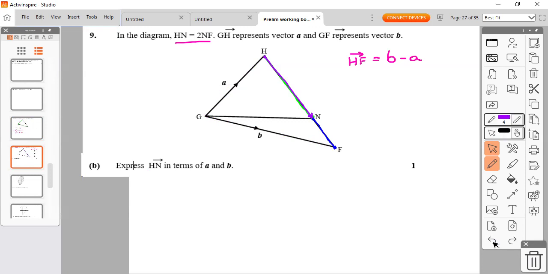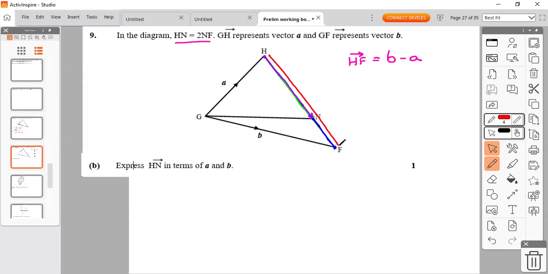How to best explain this? Okay, so H to N is 2NF. Now we know HF is B minus A, so we know that full distance is B minus A, that red line.